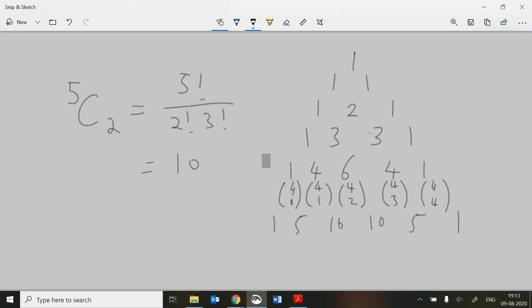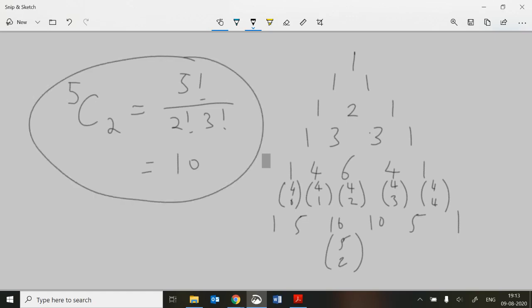So that's this position here. That's 5 choose 2. So this is analogous with Pascal's triangle as well. I'm going to stop with that because I think I'm going into a little bit too much detail.